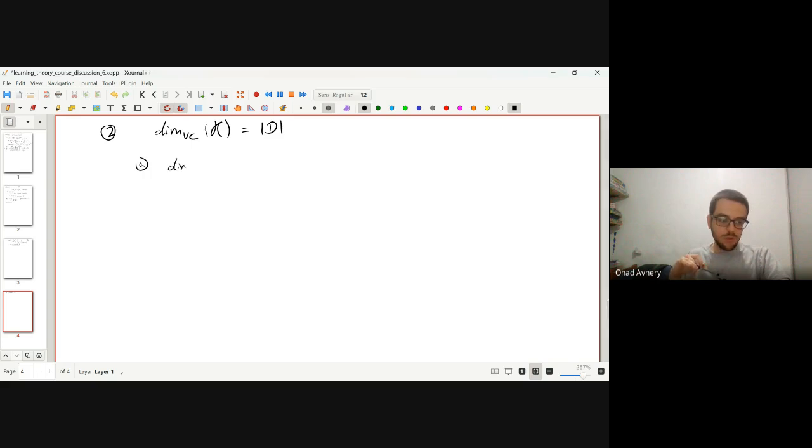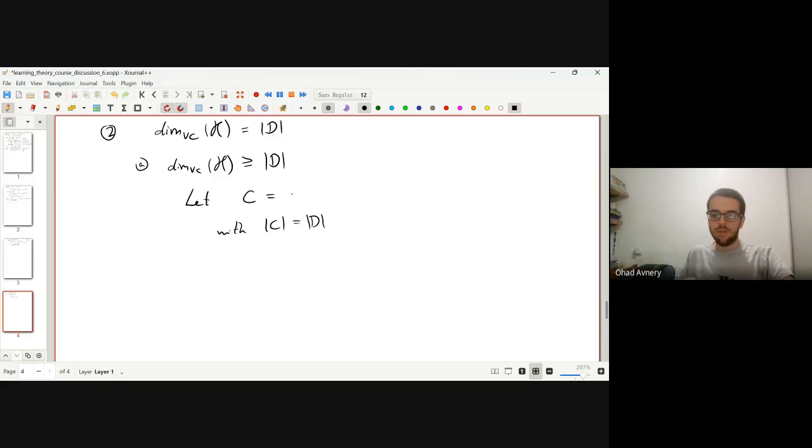To show a lower bound, we want to construct an explicit set C of size D that is shattered by the hypothesis class, and I constructed the valuations e1 up to eD.